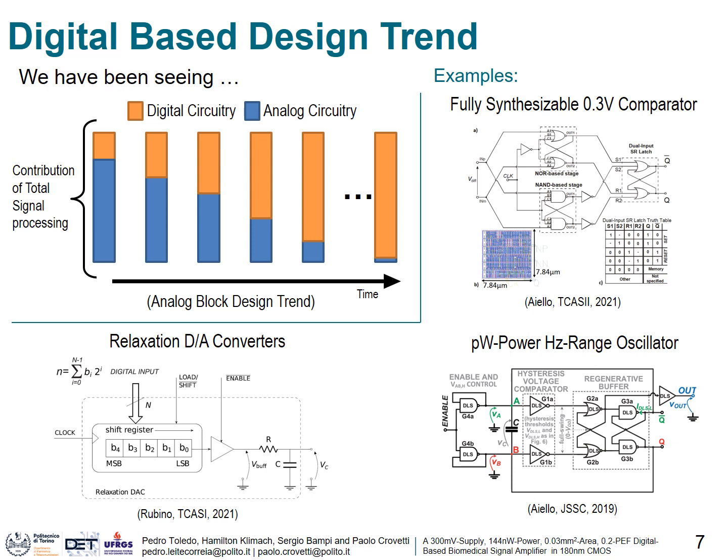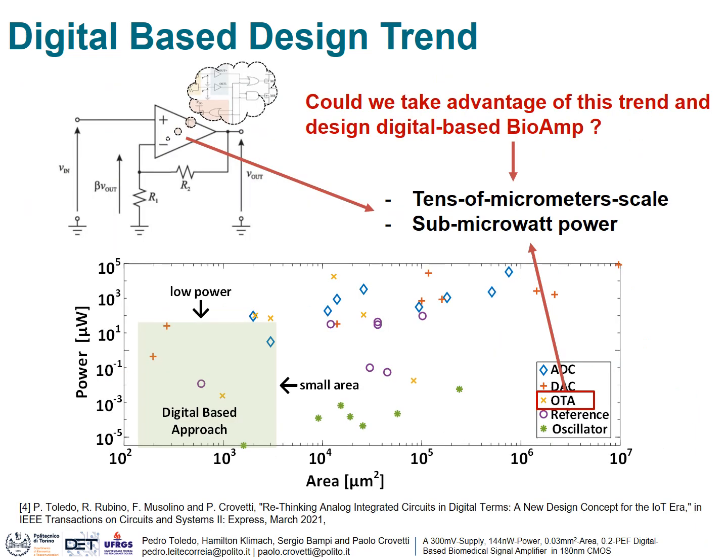It means using only standard cells or logic gates to implement analog building blocks like DAC, ADC, oscillator, etc. As shown in this plot below, a digital-like analog building block inherently takes advantage of CMOS scaling, reducing the total area and the power consumption, and naturally we ask ourselves whether we can design a bioamplifier by digital means. In this context, throughout the next slides, I'm going to show that it's possible, and I will bring interesting results for you.